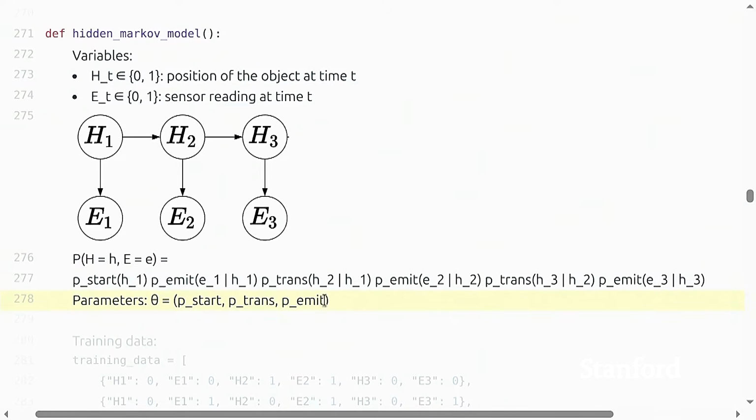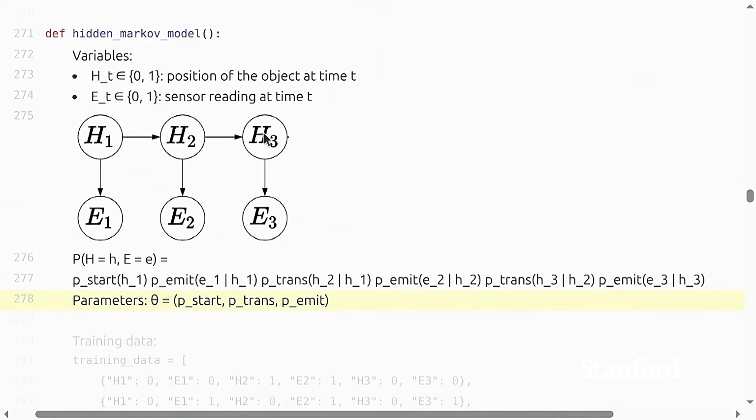And then we have p emit, which gives me a distribution over the sensor reading at a particular point in time, given the corresponding hidden state. So there's parameter sharing here because at every point in time, I'm using the same distribution over a sensor reading given the object position.